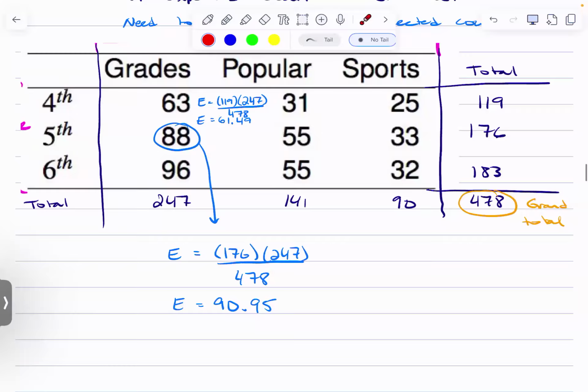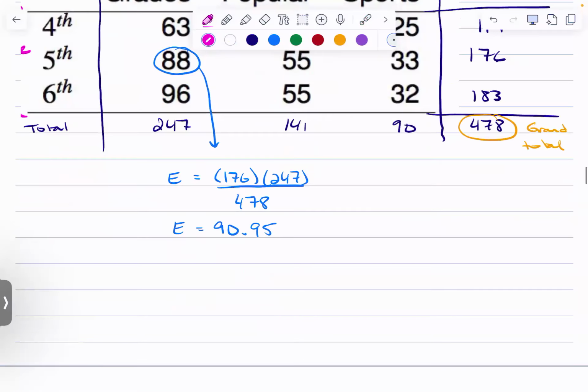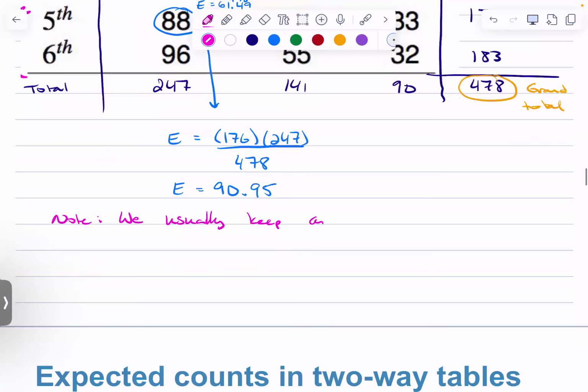Okay? And so here I'll make a note. We usually keep approximately 2 decimal places for each expected count.